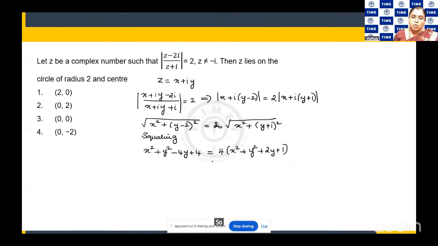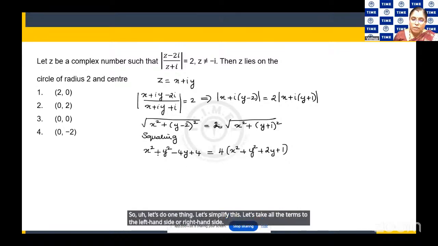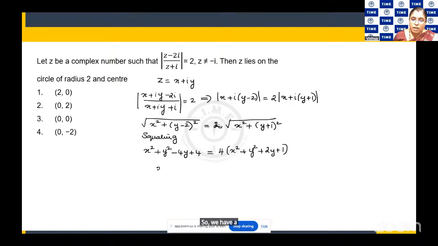So let's do one thing. Let's simplify this. Let's take all the terms to one side. So we have 4x square minus x square will give you 3x square. 4y square minus y square will give you 3y square. Then 8y plus 4y will give you 12y. And this is 4, right hand side also we have 4, so it will get cancelled and this is what we get.